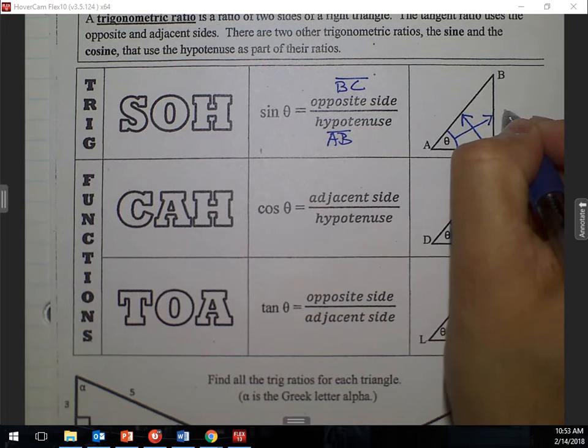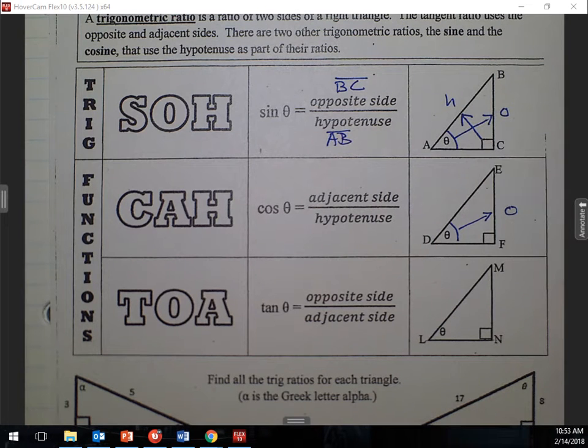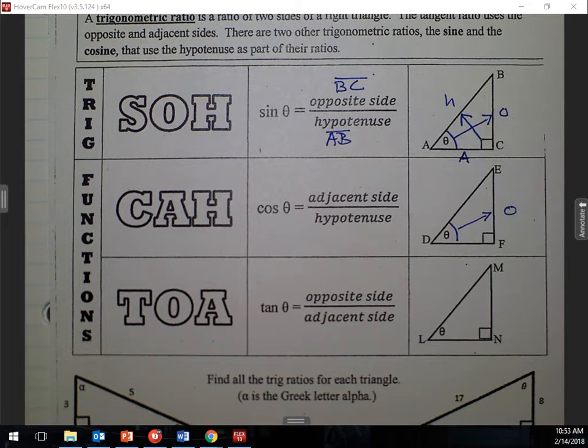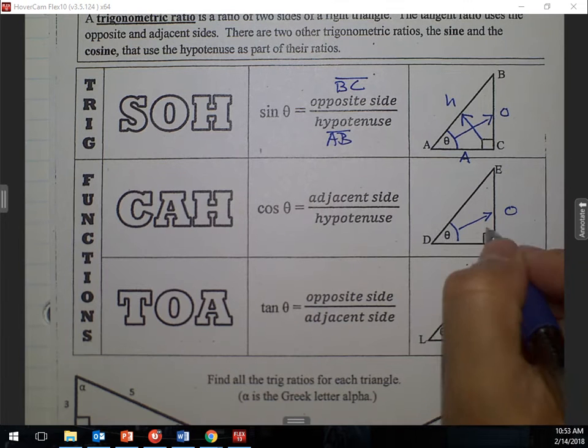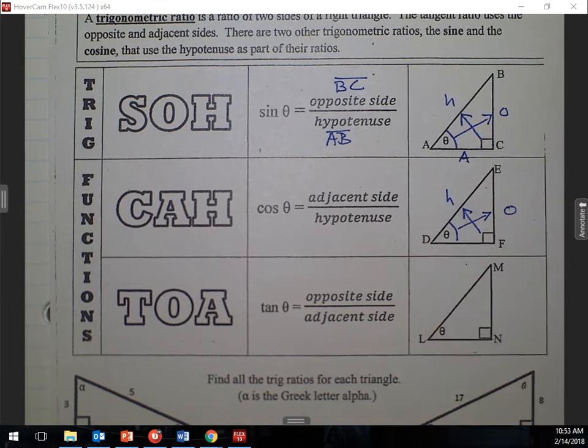Here, let me do this also. Opposite, hypotenuse. That means that my third side right here had to be my adjacent. Very good. Okay, so I identified my opposite. After I'm done identifying my opposite, identify the hypotenuse. Across from the right angle, draw my arrow. That is my hypotenuse.